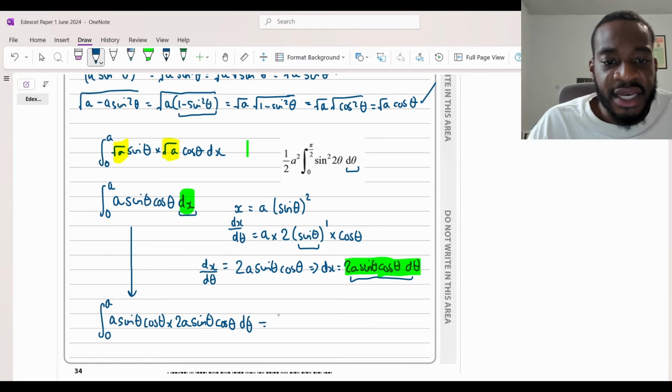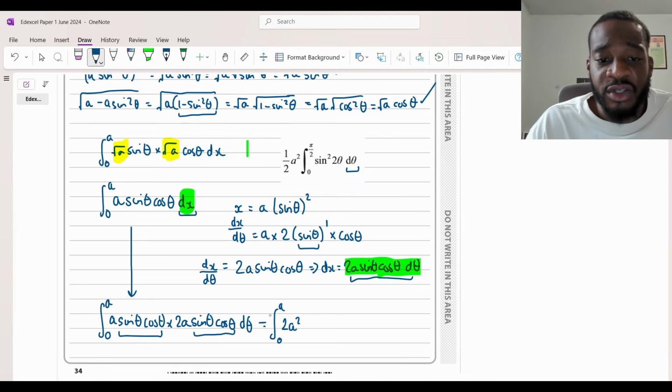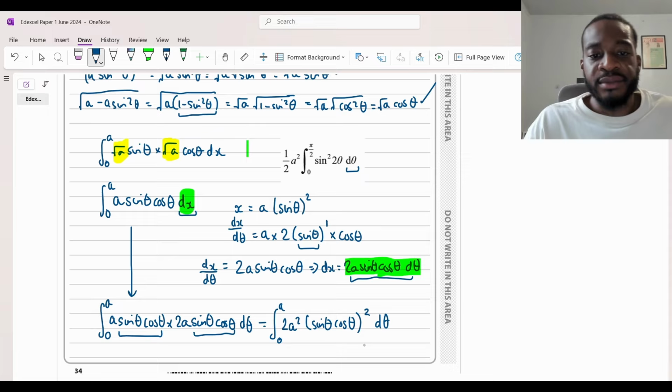And then from here, let's tidy this up a tad bit more. I've got 0 to a still. What do I have? I've got a times 2a, that's 2a squared. So I could put that there, 2a squared. And then I have a sine theta cos theta multiplied by another sine theta cos theta. I've got two of them, I can square it. So I can write that as sine theta cos theta to the power of 2 d theta, can't I?